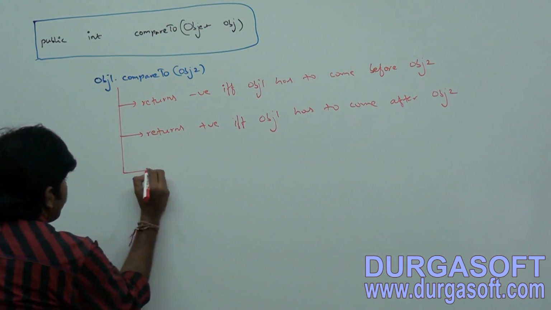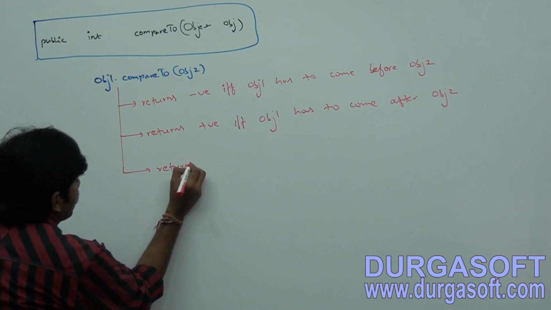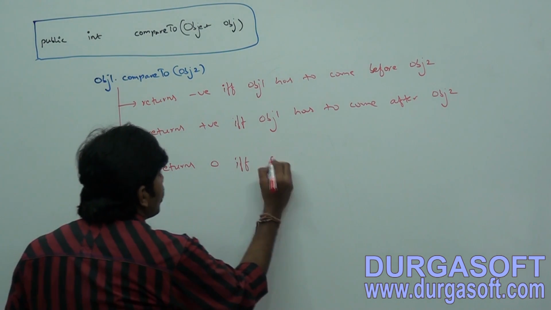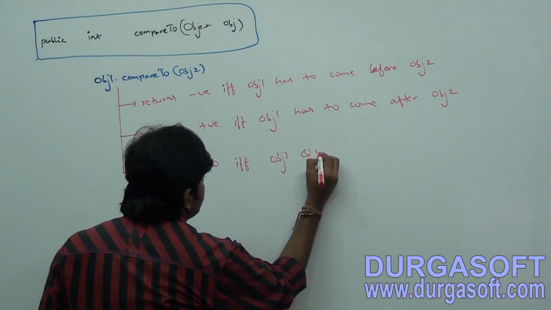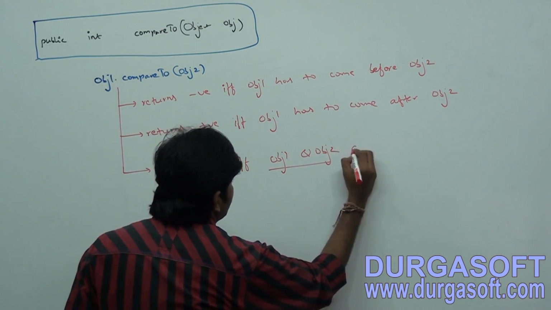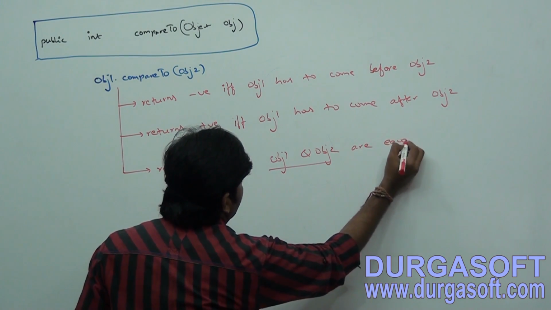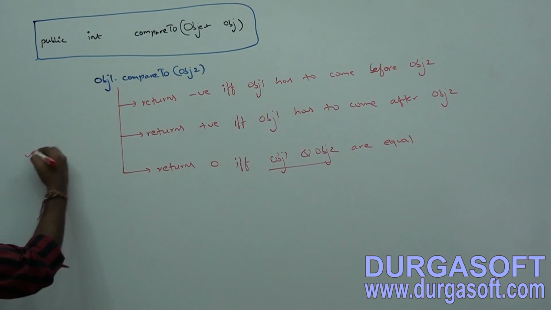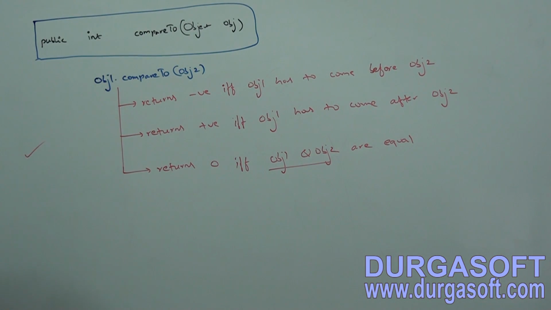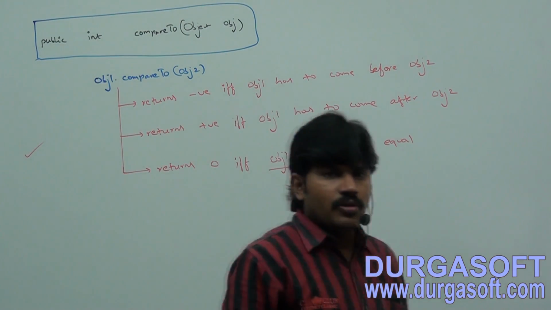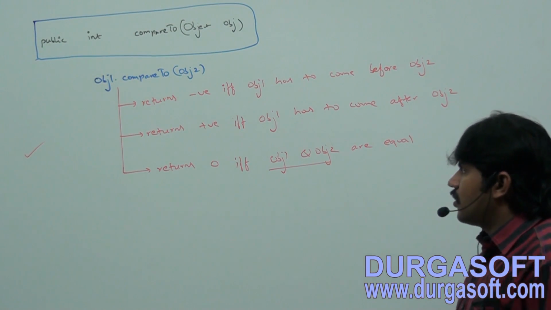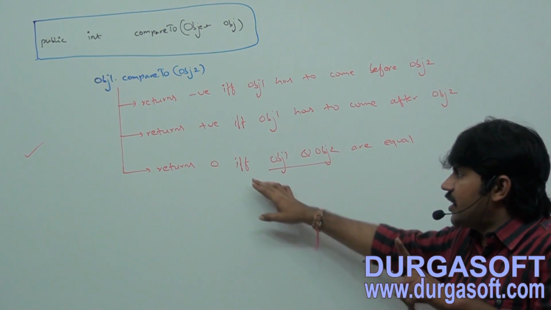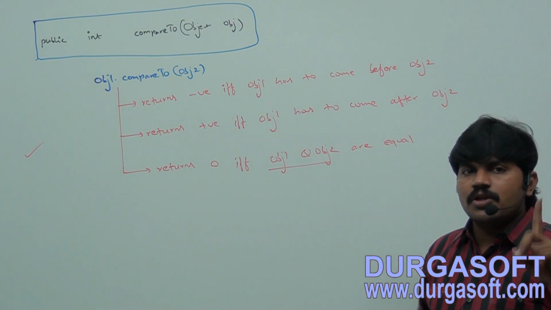Next, it returns 0 if and only if obj1 and obj2 are equal. Make sure you have clear clarity on when it returns negative, when it returns positive, and when it returns 0.